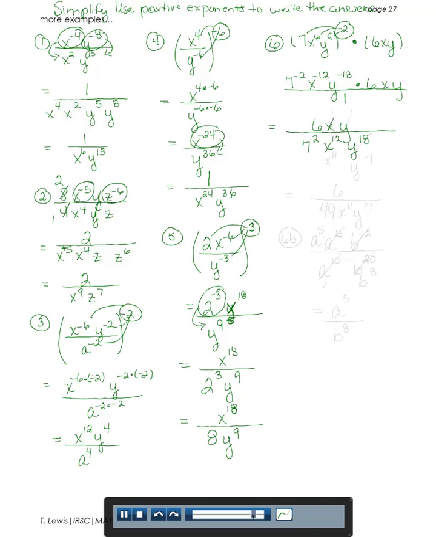So x out of x to the 12th, we have x to the 11th, and y from out of y to the 18th, we have y to the 17th. So now we'll simplify 7 squared. So now we have 6 all over 7 squared, which is 49, x to the 11th, y to the 17th.